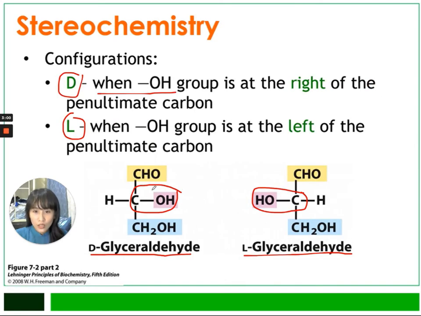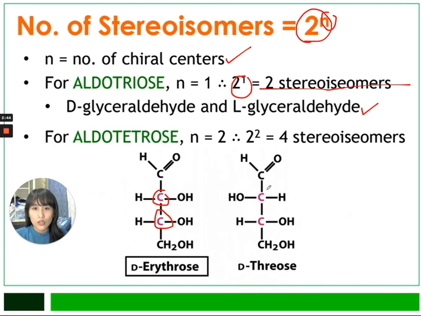So here you can see that there are 3 carbon units, but only 1 chiral center. The same applies here in L-glyceraldehyde. It has 3 carbon units in a chain, but only 1 chiral center. If you compute that, you will get 2 raised to 1, which gives 2 stereoisomers. On the other hand, if you have an aldotetrose, since you have 4 carbon atoms, 1, 2, 3, 4, you will get 2 chiral centers.